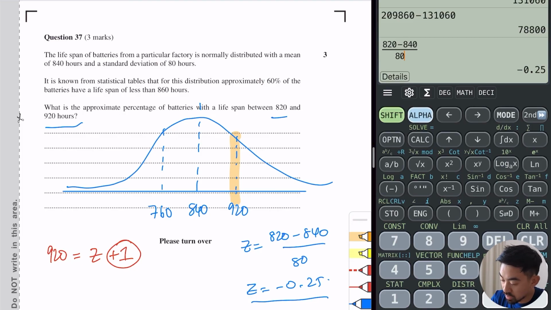But it also says, I missed this sentence, it also known from statistical tables that for this distribution, approximately 60% of the batteries have a lifespan of less than 860. Okay, so 860 is here. Let me put in my 820 I just found actually.